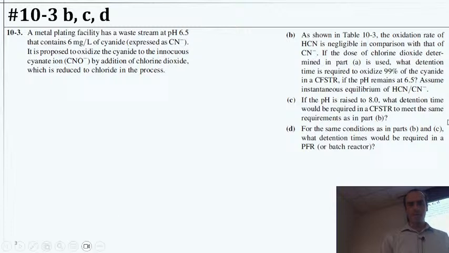Part B says if we take a look at table 10.3, which I showed you in class last time, the oxidation rate of HCN is negligible in comparison to that of CN-.